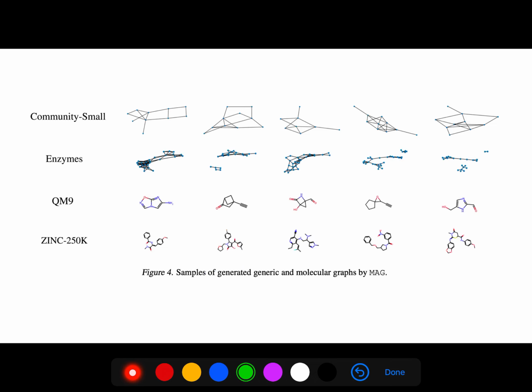So these are samples of generated generic and molecular graphs of MAG. These two datasets are very important for graph generation of molecules.